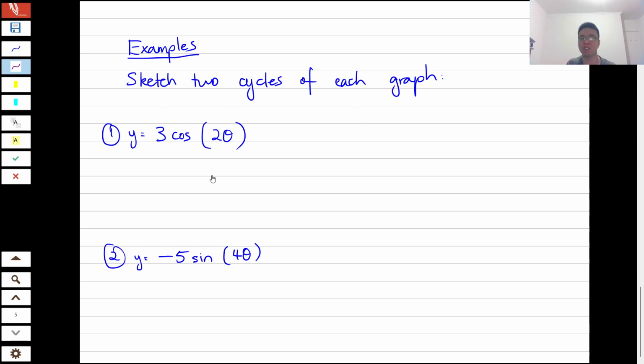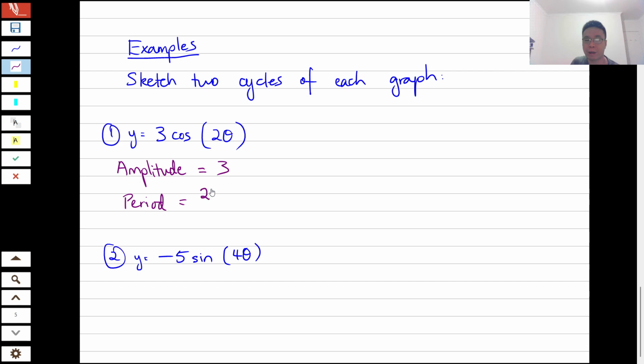So let's start by sketching y equals 3 cos 2 theta. So the amplitude is the magnitude of the number which is multiplying the cosine. In this case, it's 3. Now, the period of cosine of theta is 2 pi.